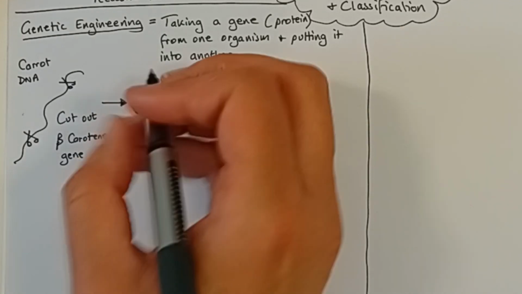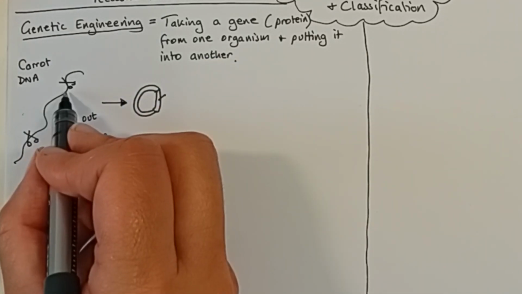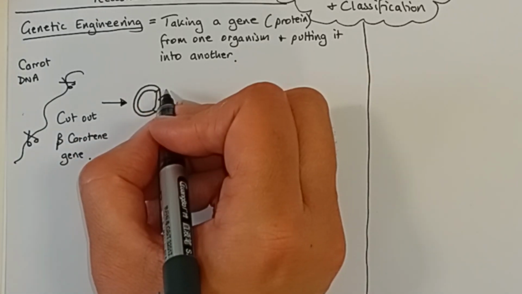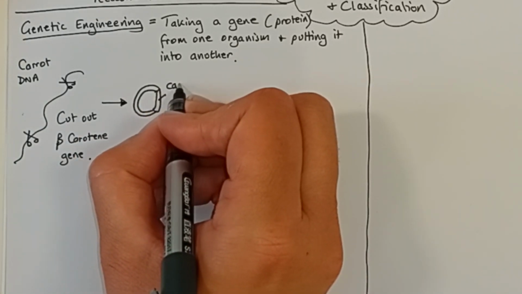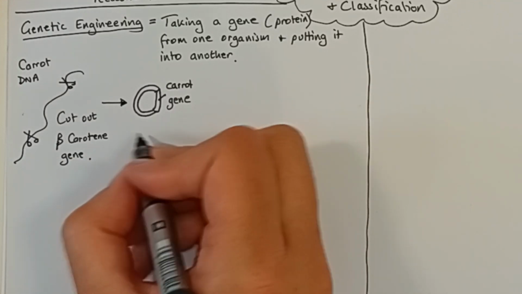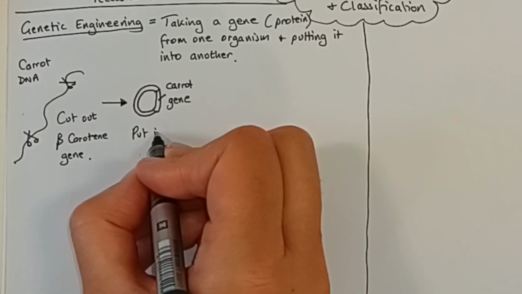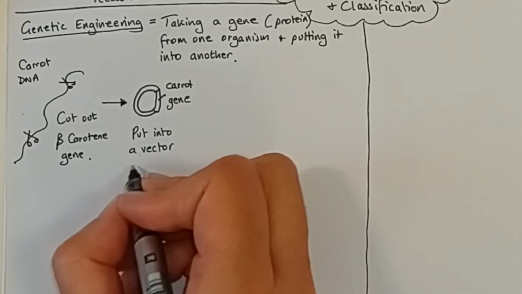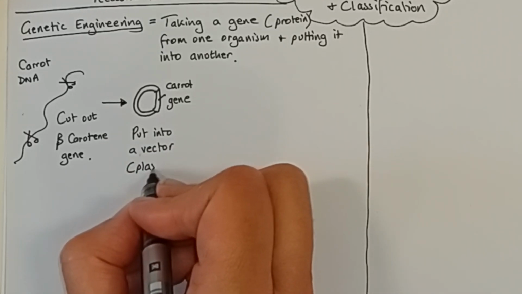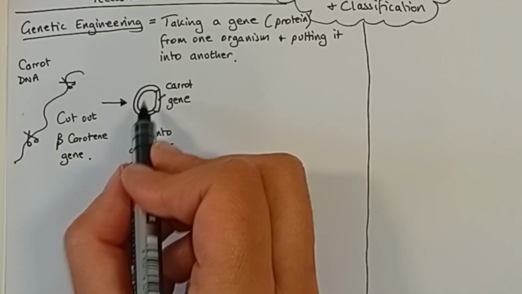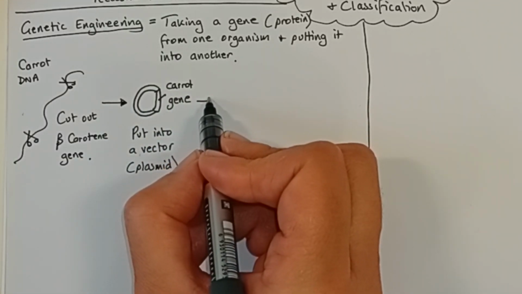So here's our plasmid, and we're going to stick, using enzymes again, our beta-carotene gene into there. So there's our carrot gene. So we've put it into a vector. In this case, our vector is a plasmid found in bacteria. Plasmids can get in and out of cells a bit easier.